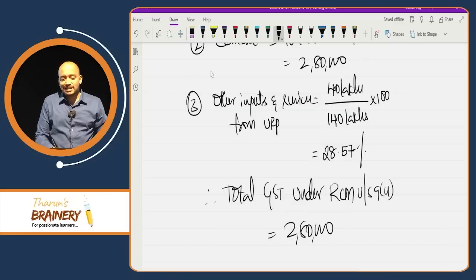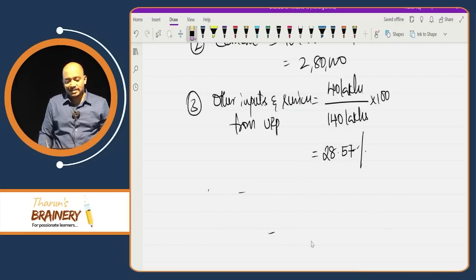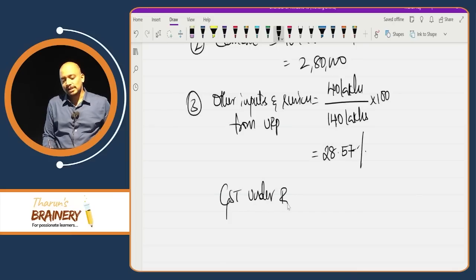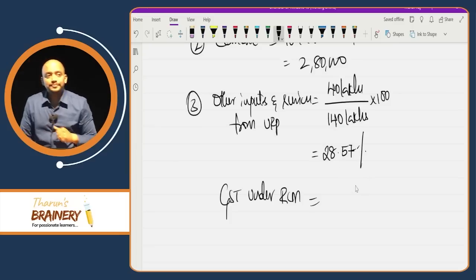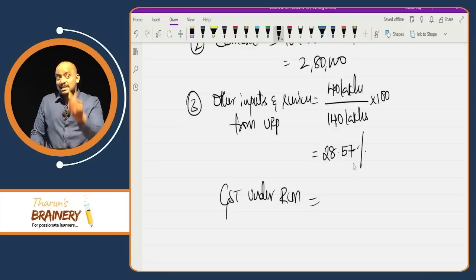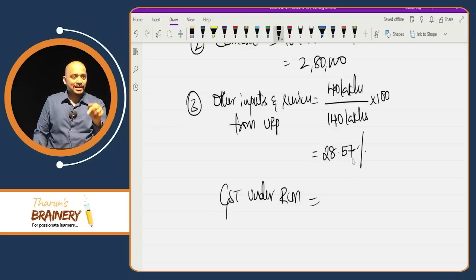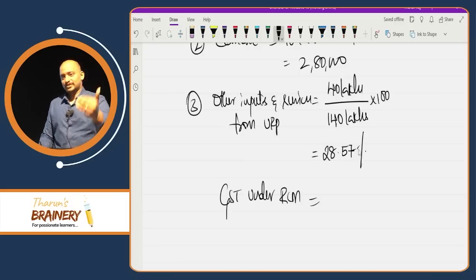Now, should we pay GST under RCM? Yes. So, GST under RCM on how much? 8.57. This 28.57 is on what? 140. The 8.57 is also on 140.